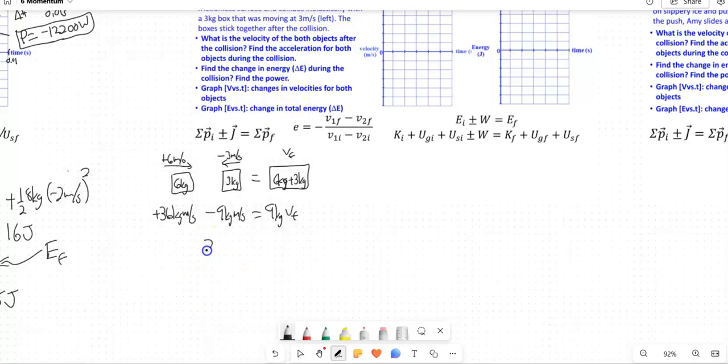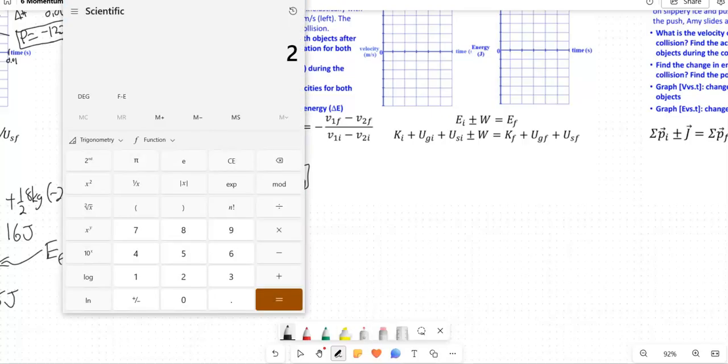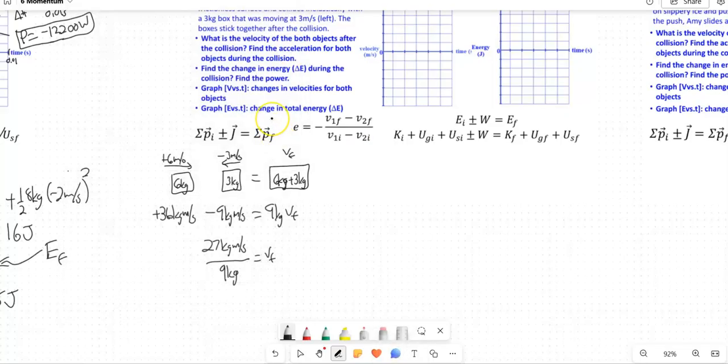So this is going to be 27 kilogram meters per second, positive, that we're going to divide by 9 kilograms. And that is V final. That is 3. So the final velocity after the impact is equal to positive 3 meters per second. So both objects are traveling at that final speed.